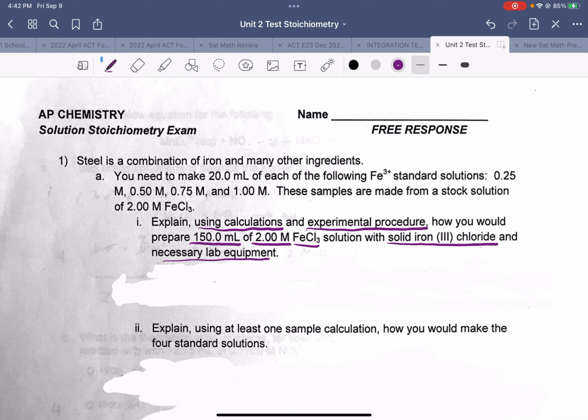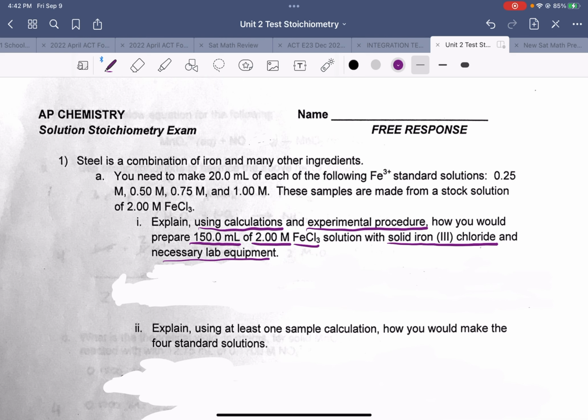So I'm going to prepare that. So what do you need to have? I need to find out first of all how many moles of FeCl3. They gave you milliliters and molarity, so you can find moles of FeCl3.